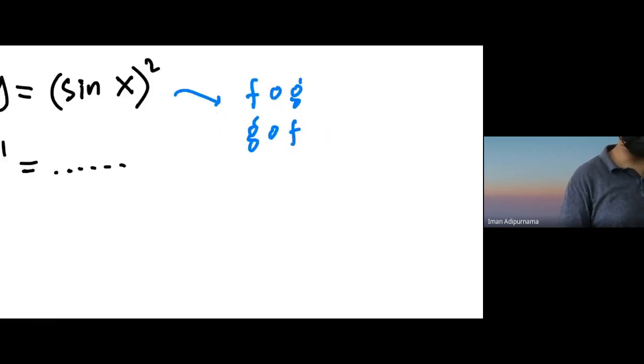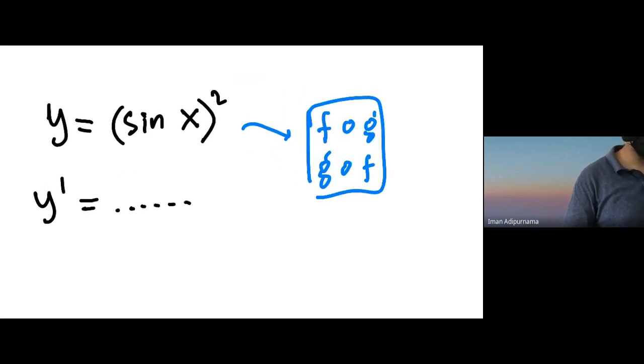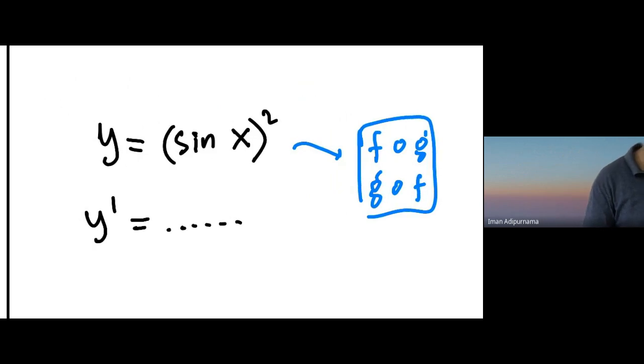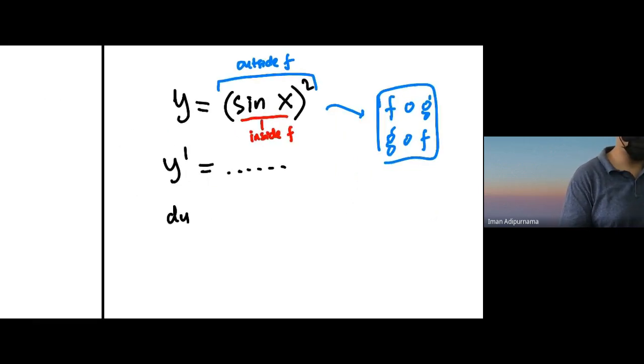But if you don't like how the function is written like this, let's just say you have inside functions, and you have another function that is the outside function. Remember that when you have the chain rule, you can put any variable you want.